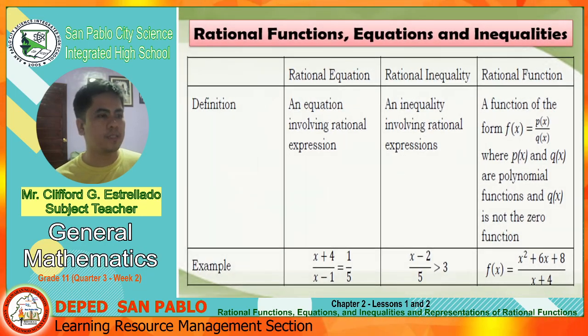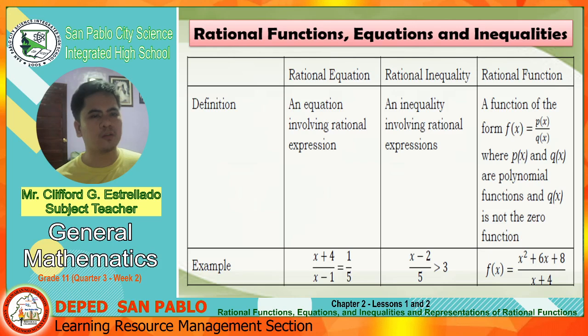So here is a summary of rational equation, rational inequality, and rational function. You say rational equation, again, it is an equation involving rational expression. So, example, x plus 4 over x minus 1 is equal to 1/5. Rational inequality, an inequality involving rational expressions. So, example, you have x minus 2 over 5 is greater than 3.